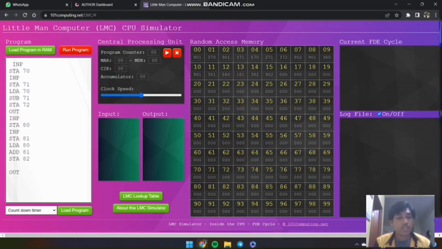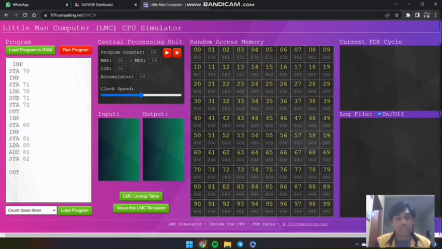The answer will go out in the 72 register. And this is our coding for addition.